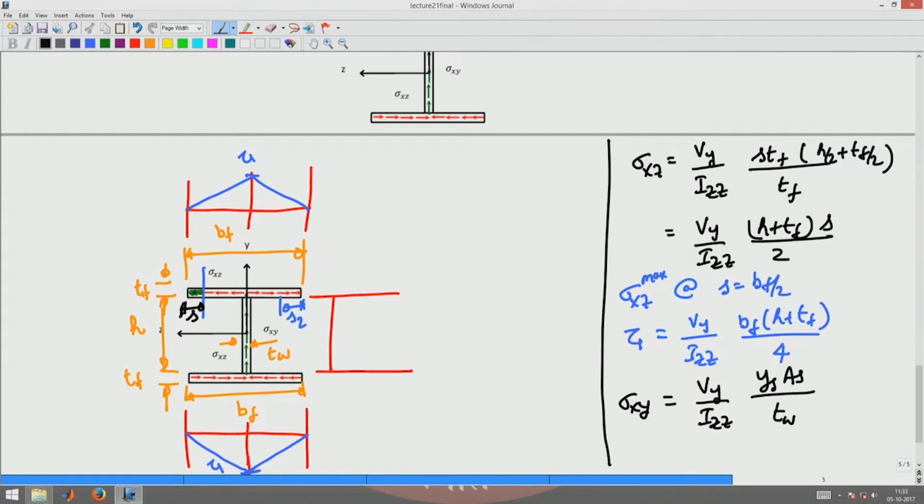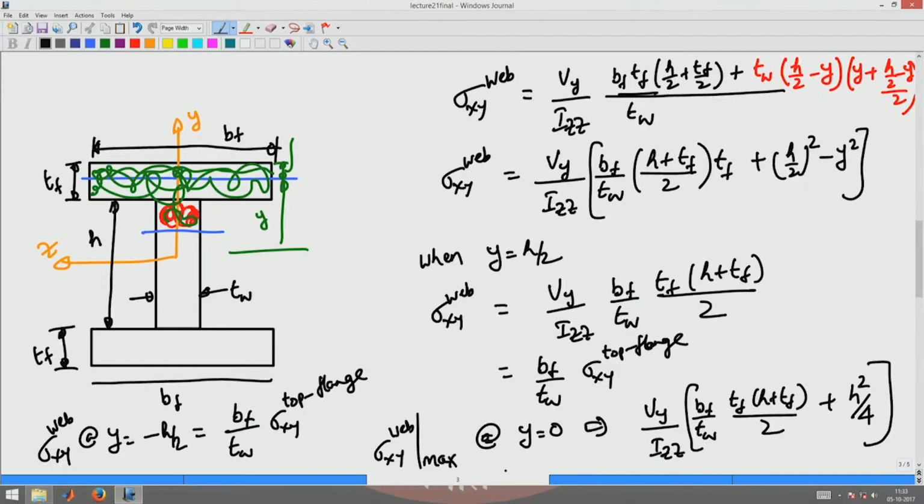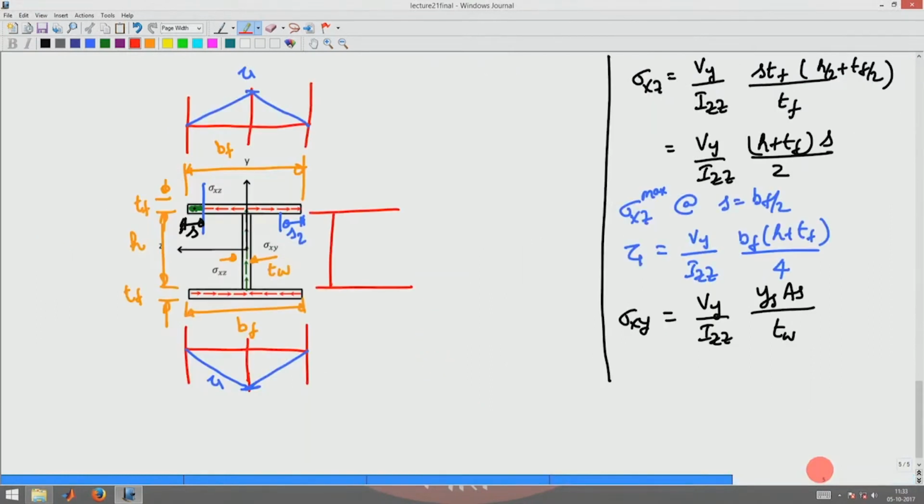That is similar to the expression that we obtained here for the web, right. The same area I have to consider for the web, hence the equations will remain similar to what we obtained here. So, let us go ahead and plot that resulting equation.